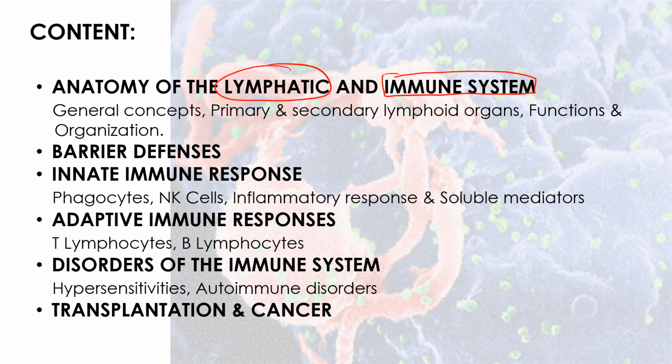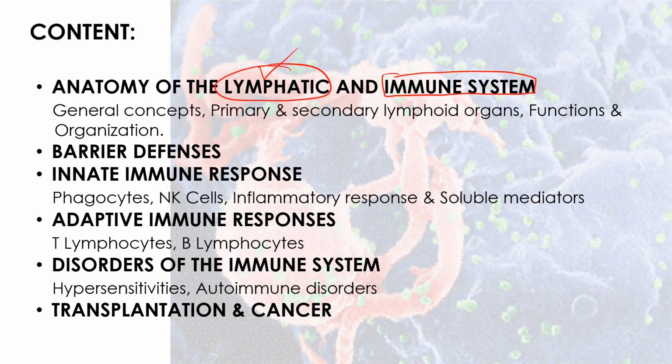So your goal is to be able to identify the main organs that belong to the lymphatic system, the major lymphatic blood vessels, and other secondary organs like the thymus and the spleen, the appendix, and some specific groups of lymph nodes. So that part is easy.